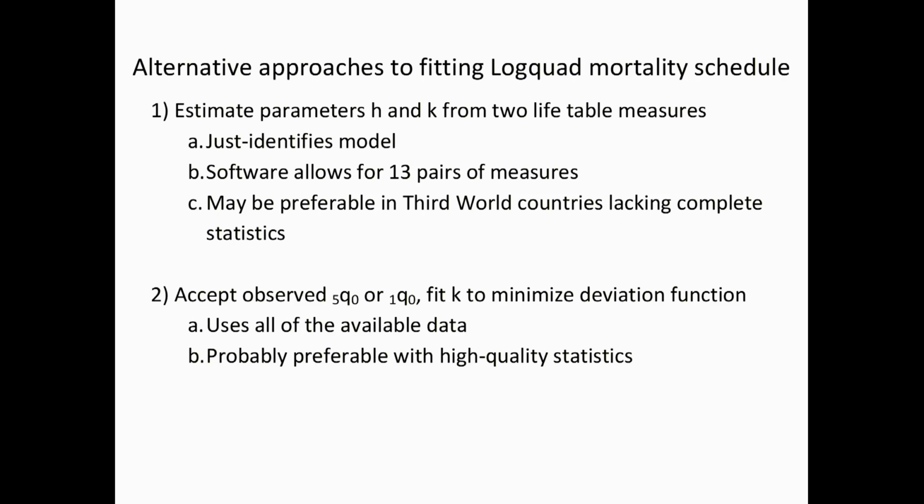The software put out by Ouellette and Associates allows for 13 pairs of measures, and this approach may be preferable in third world countries that lack complete statistics. Then the alternative approach, well, let me just page over.